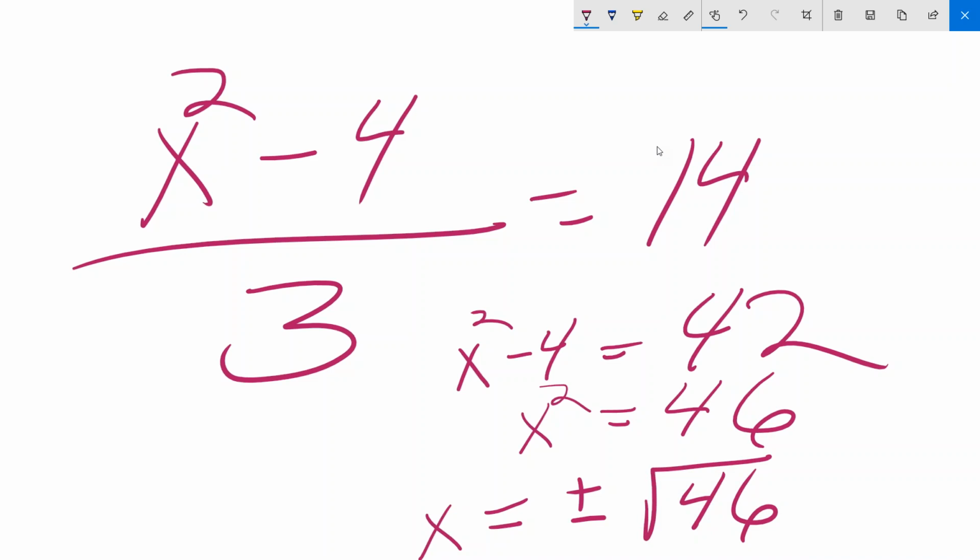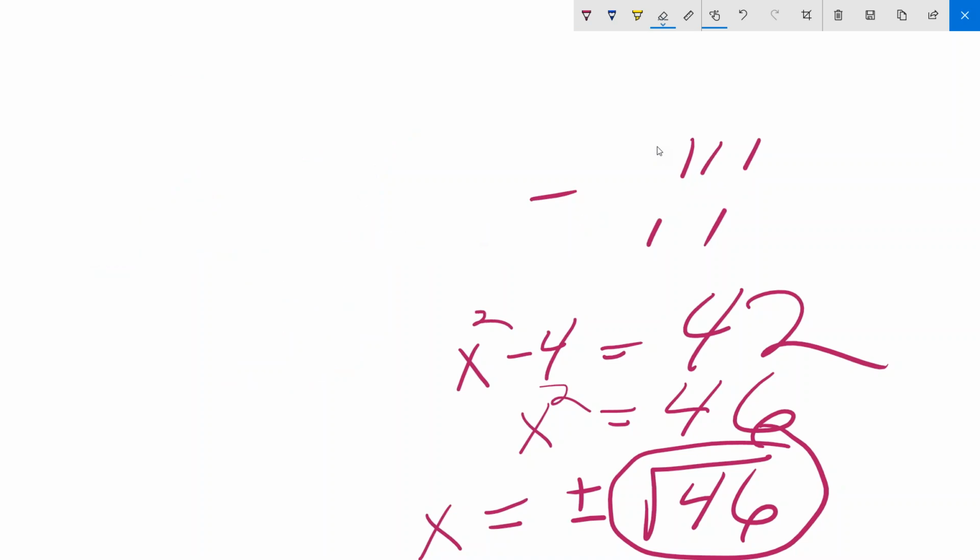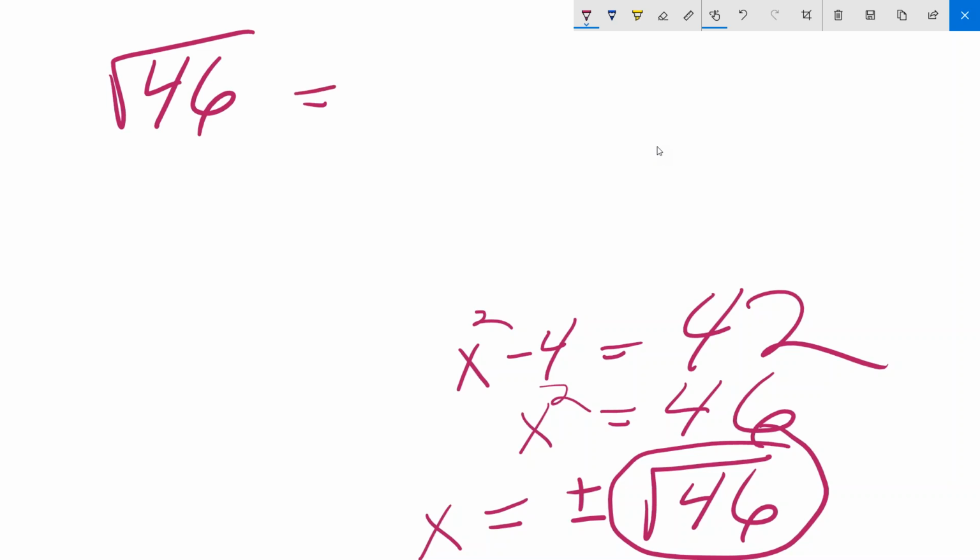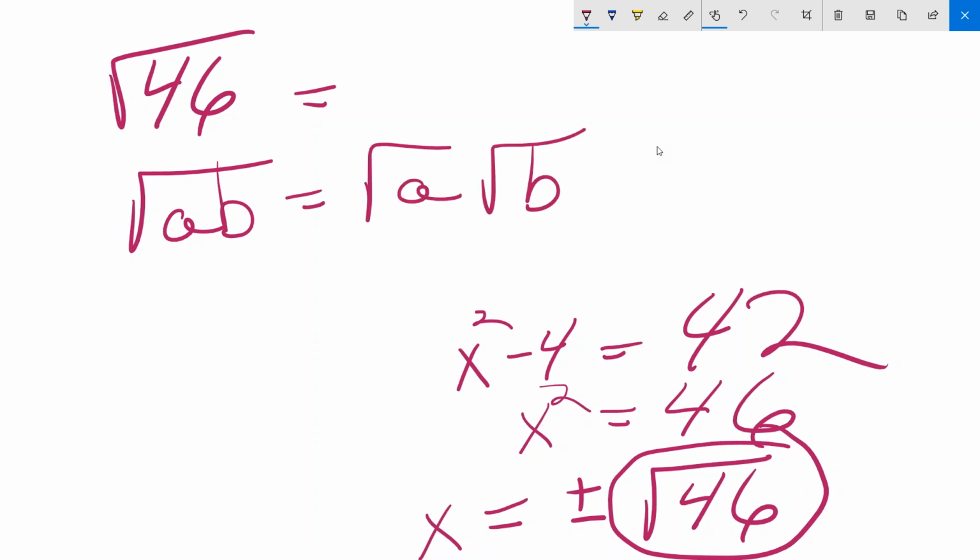Now, the question is, is that simplified? Can I simplify that? Well, here, let me make some room so I can continue writing. So the question is, can we reduce the square root of 46? Well, I know that the square root of a times b equals the square root of a times the square root of b.